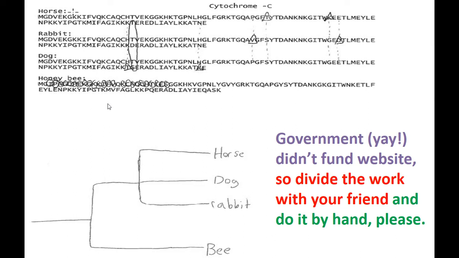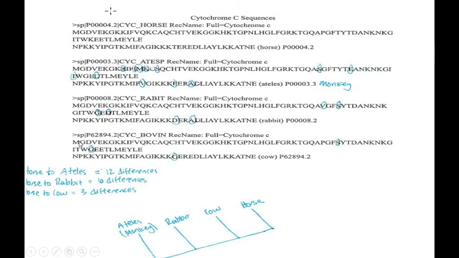If you're not working with a friend, don't kill yourself. Just try the best you can. Try to put the things together. It's just an exercise and an activity, and then you will turn this in to me at the end. Here's another group. They counted the differences between horse and these other organisms, and then they made an evolutionary tree or cladogram based upon that.